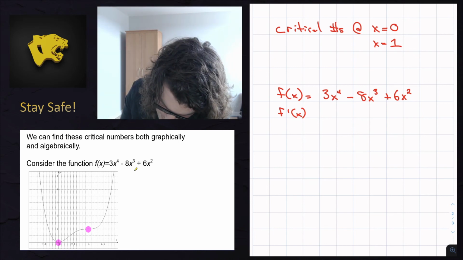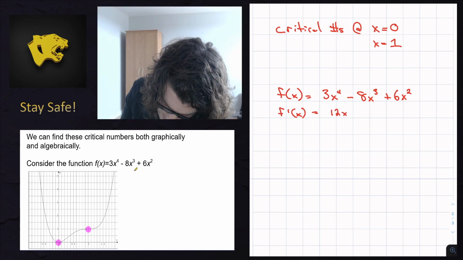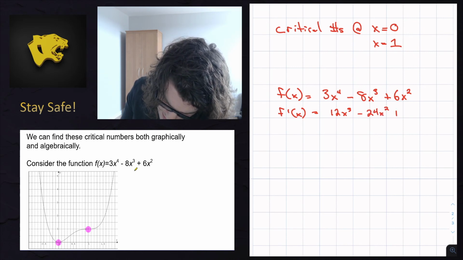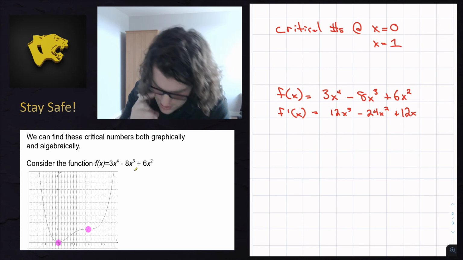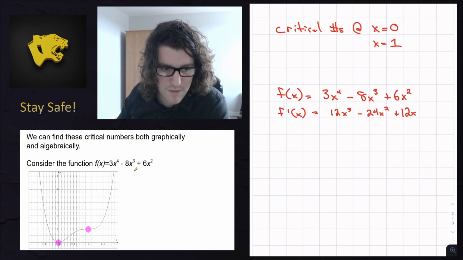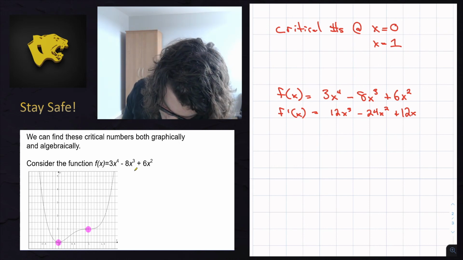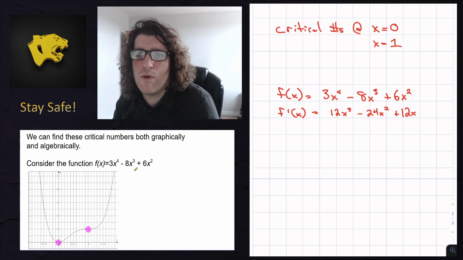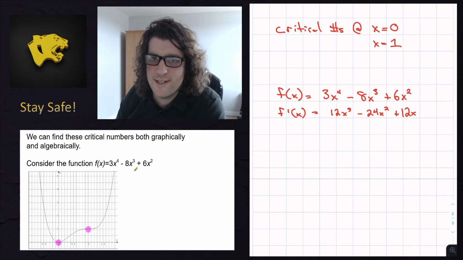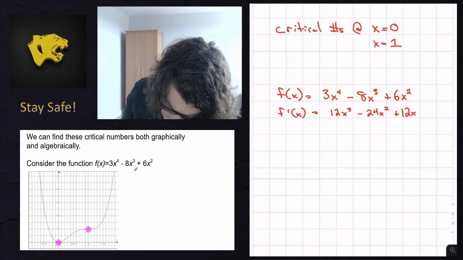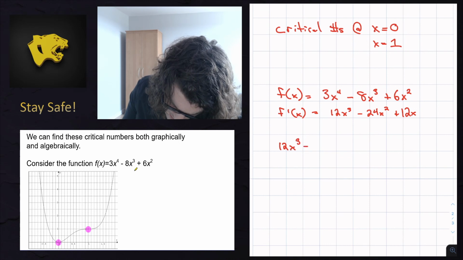So if we take this derivative, we get 12x to the 3 minus 24x squared plus 12x, and of course this is working out in a very nice way for a very particular reason. We want to figure out where this either does not exist or is equal to 0. We said it doesn't have an x value where it doesn't exist.